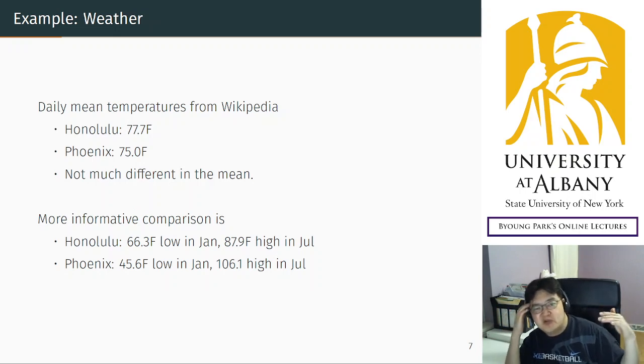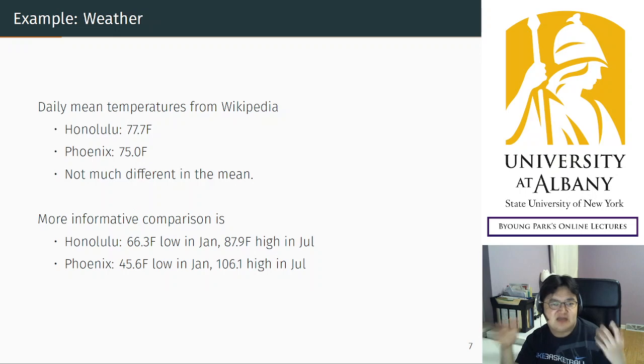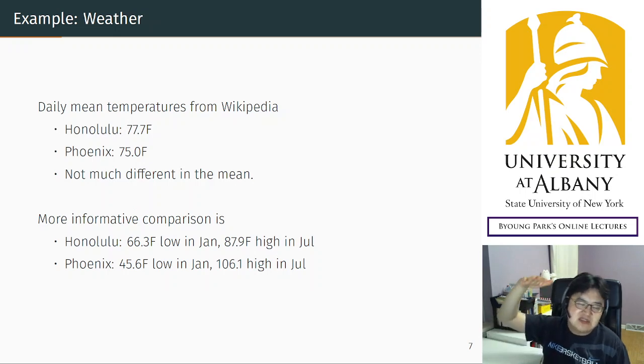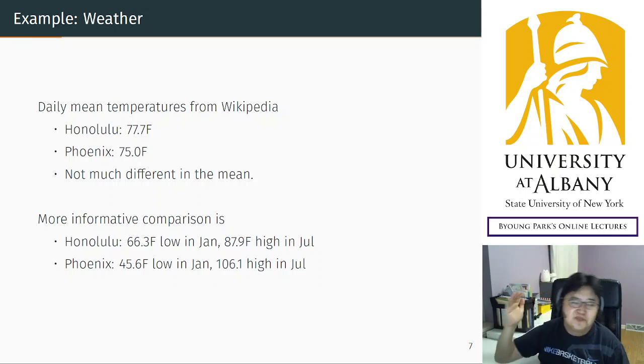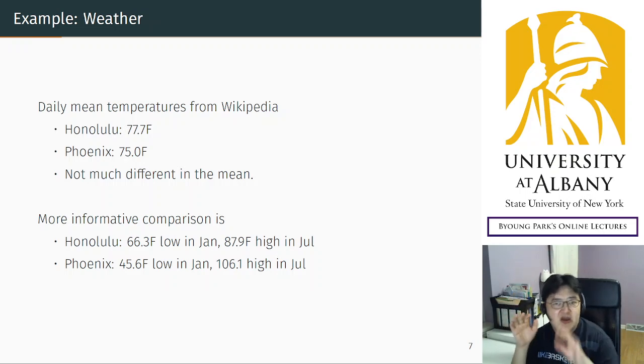Winter is not that cold and summer is not that hot. That's why Honolulu is so nice. But Phoenix, it's a desert area, so it's super cold in winter but very hot in summer. This is their major characteristic and major difference.